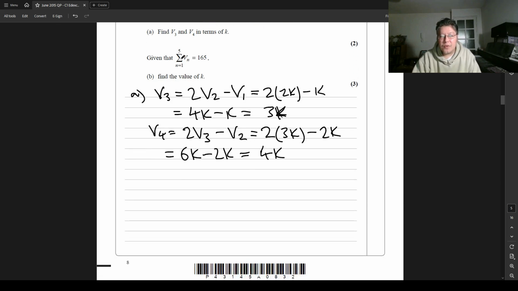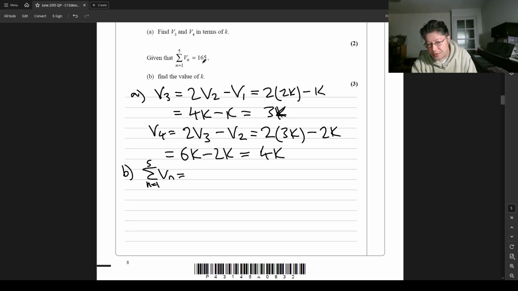Next, we want to work out part B, the sum of the first 5 terms. So the sum from n equals 1 to 5 of Vn. Well, we don't want to work it out.